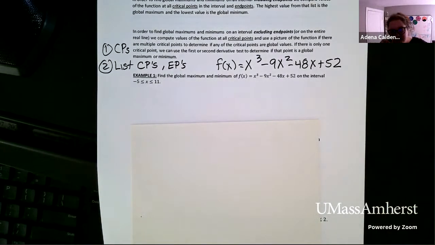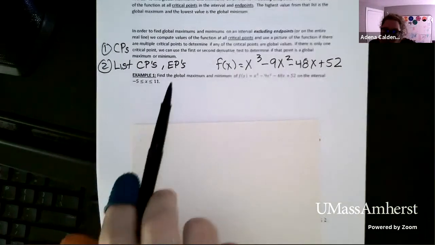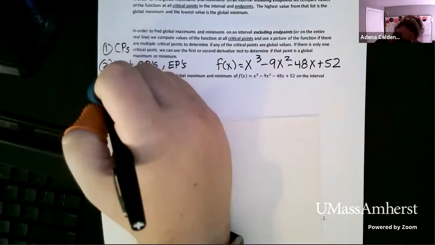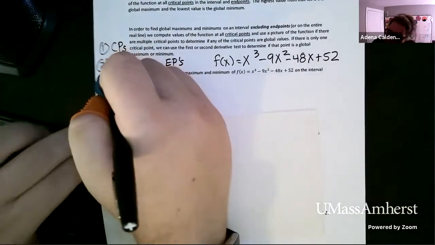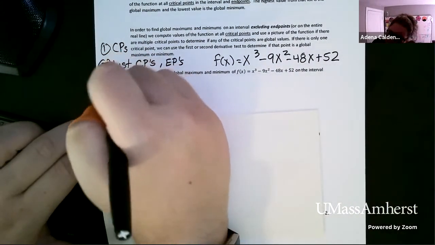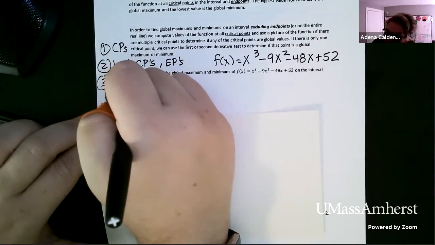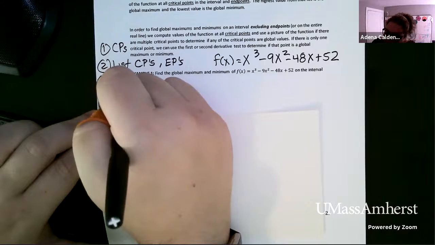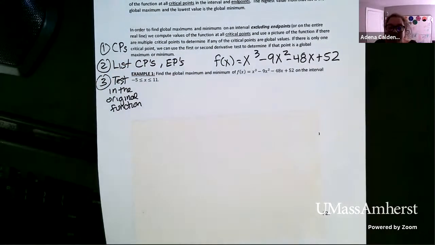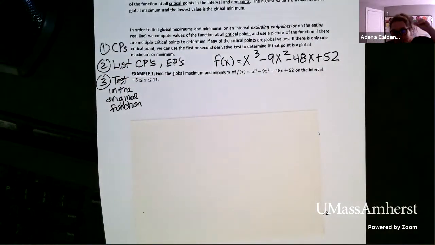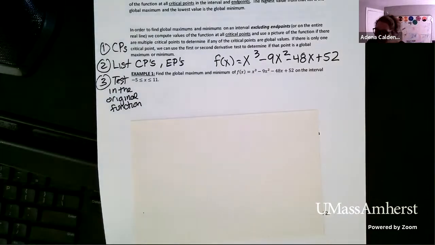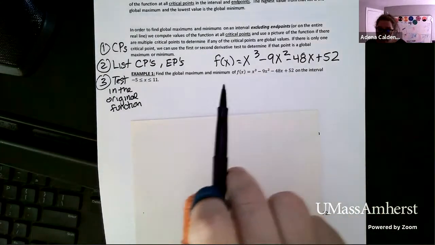So we make a list of all our critical points and end points. Again, the critical points have to be on the interval. And then step three, we test those points in the original function, because we are looking to see which one has the highest and lowest y value in the original function.